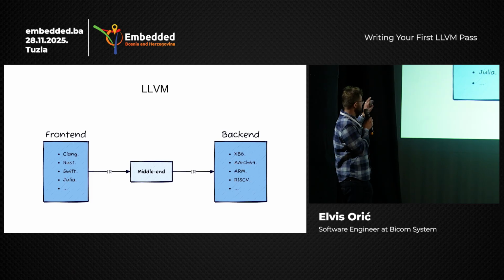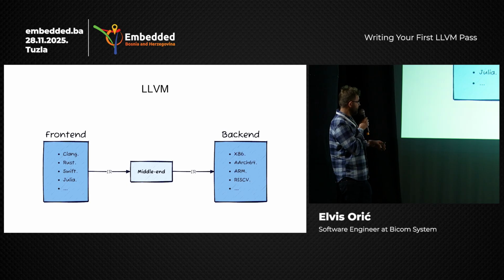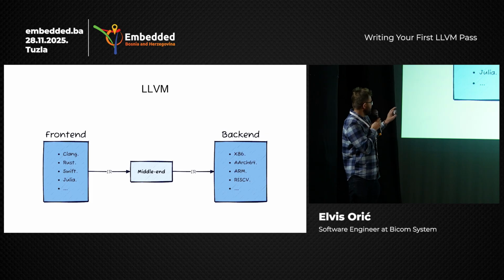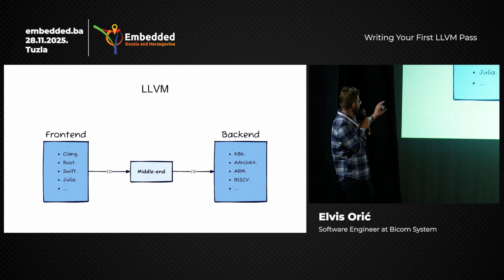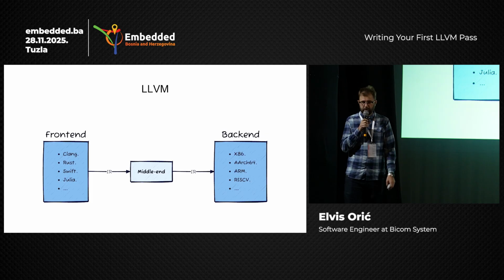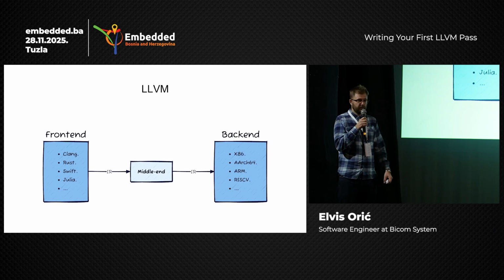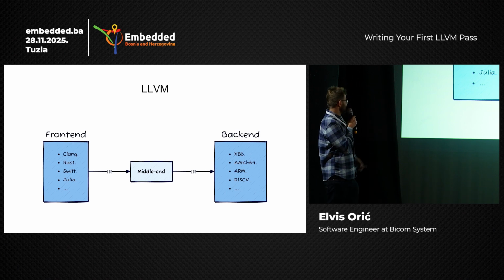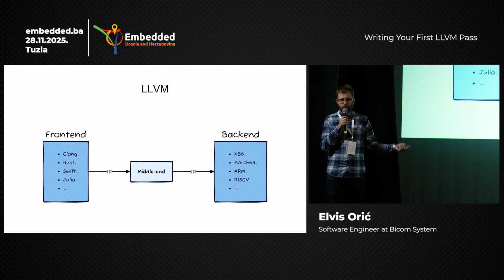If we see how compilers are organized, they have three main components: front-end, the so-called middle end, and back-end. In the middle end, a lot of things are done using the so-called intermediate representation. But why is that?